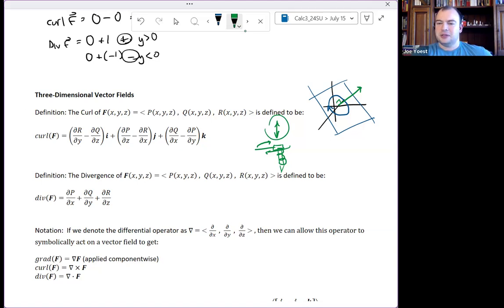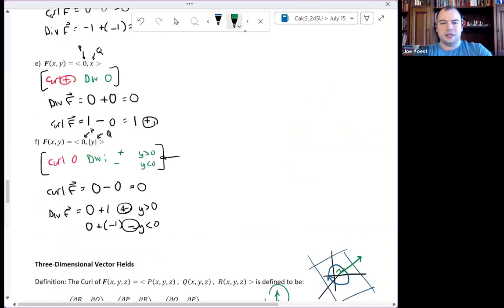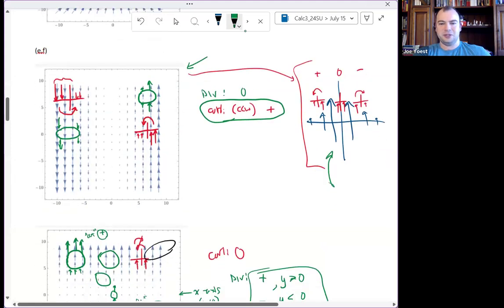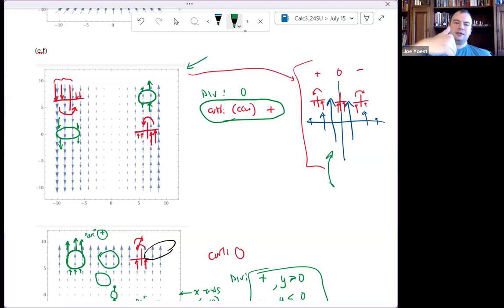So that's the reason that curl has to be more complicated in 3 dimensions. Why doesn't it have to be complicated in 2 dimensions? Well, if we're rotating counterclockwise, we take our right hand and curl our fingers right to left and our thumb points out of the screen. Or if we're going clockwise, you have to manipulate your arm a little bit, but you curl your fingers the other way and your thumb points into the screen.